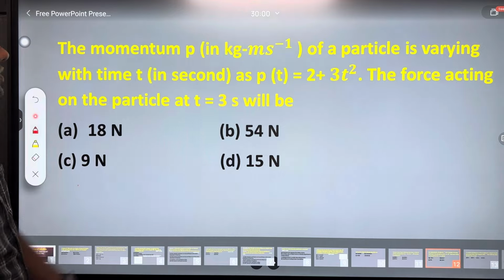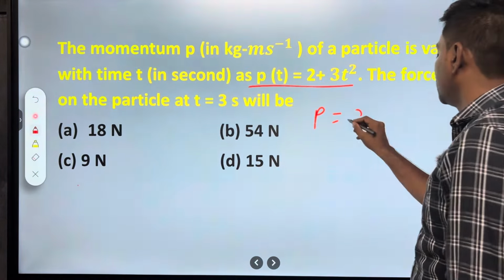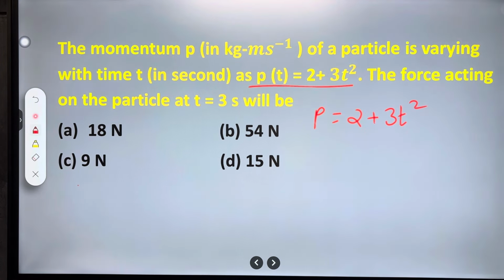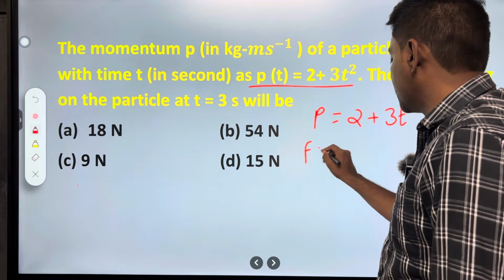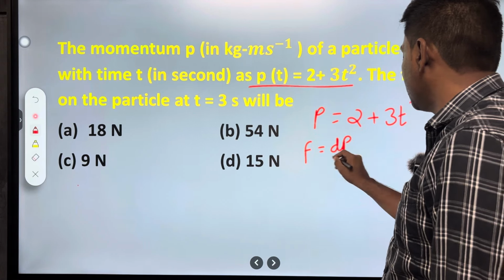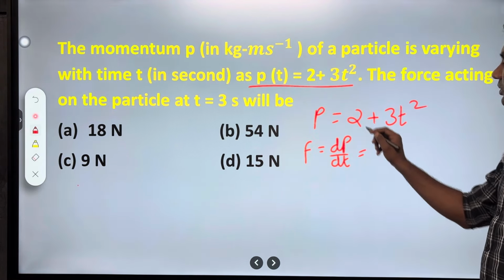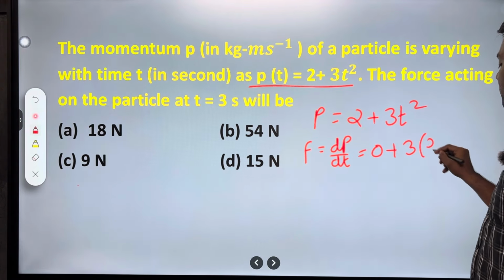the momentum P is given in terms of time, that is P equal to 2 plus 3t square. Find the force acting on the particle at t equal to 3. We have to calculate the force according to Newton's second law. The force is the rate of change of momentum, so take the derivative of that momentum. The derivative of a constant is 0, plus 3, and the derivative of t square is 2 times t.